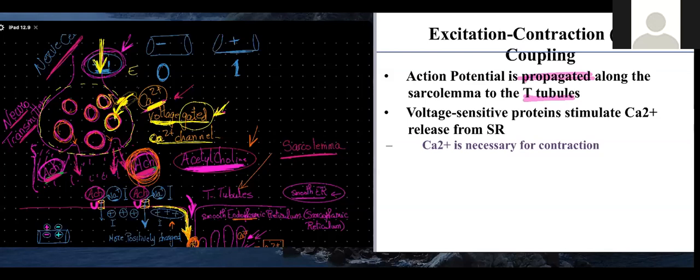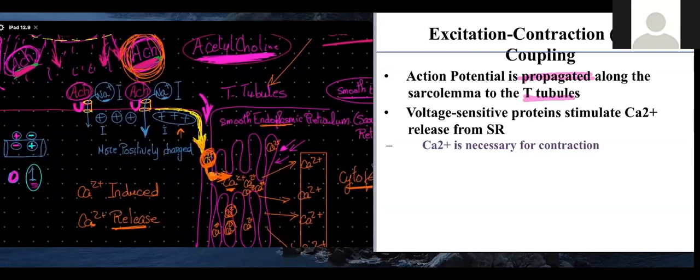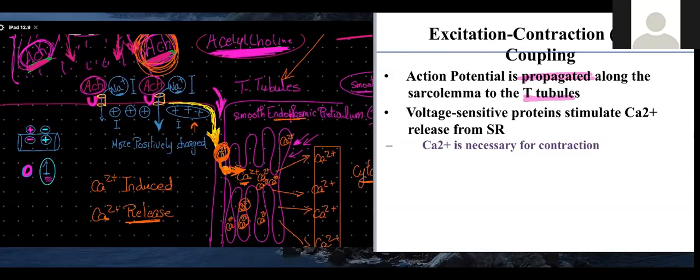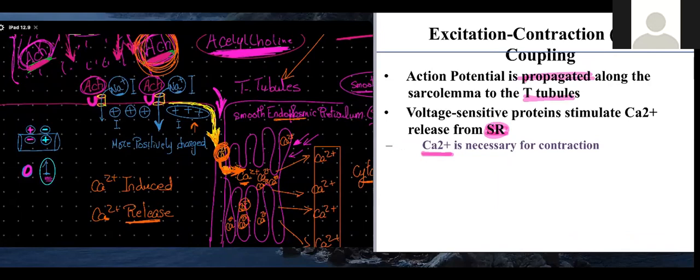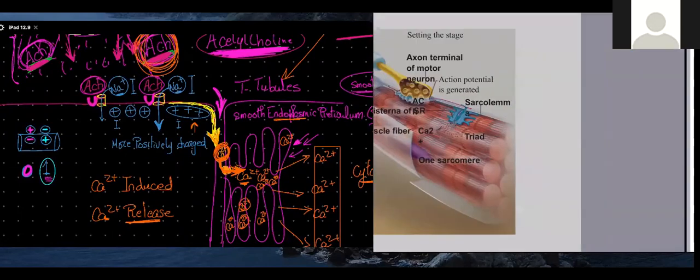Those electrical impulses propagating along the T tubules will reach, as you remember, the sarcoplasmic reticulum. This is where you get the calcium released into the cytoplasm. All those events are what we consider excitation contraction coupling.